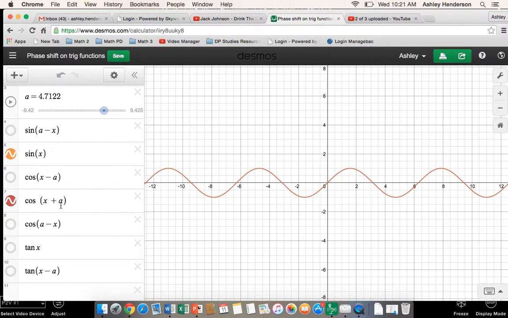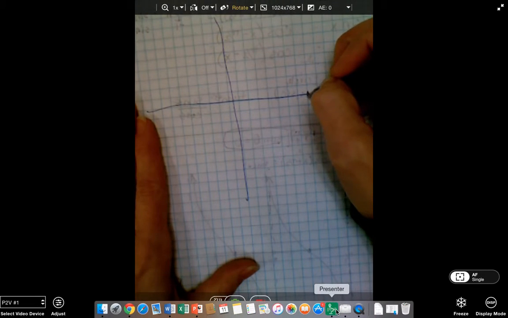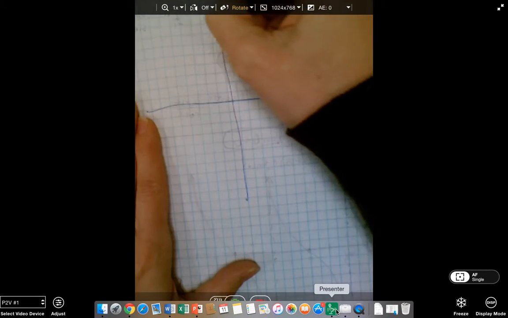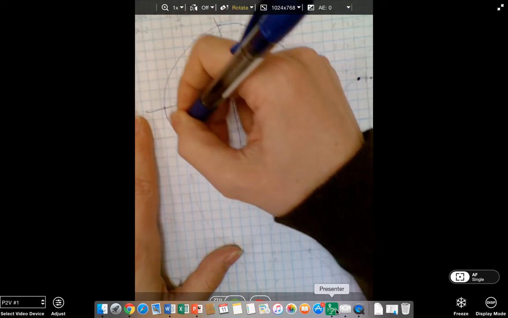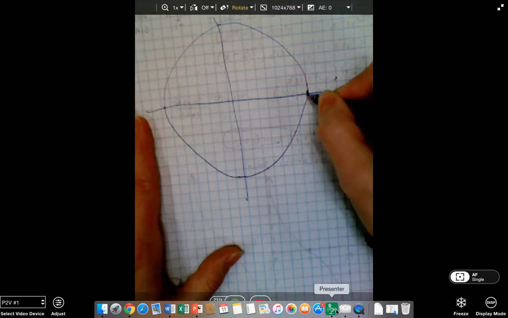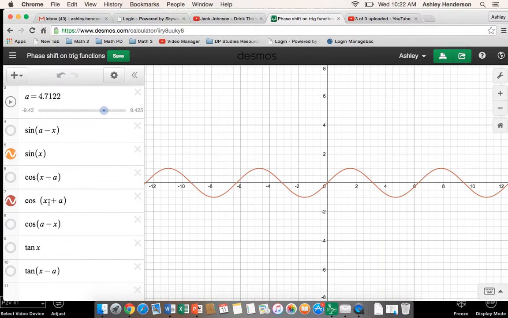If I take cosine, we can go back to our unit circle. If I take cosine, which is our x value, and I go forward 3 pi over 2.